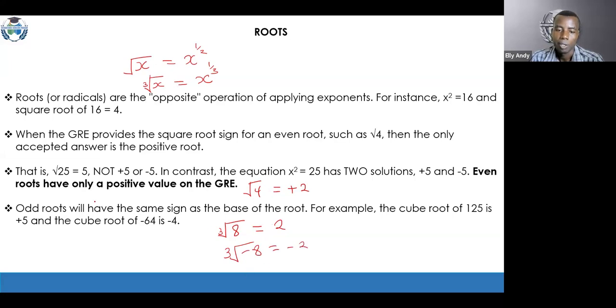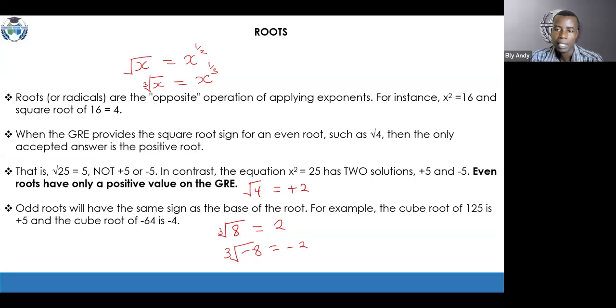So for odd roots, the solution will take the sign of the base. So if it was positive, the cube root will be positive. If it was negative, the cube root will be negative. So that is just one thing to note here as a convention that GRE has adopted.